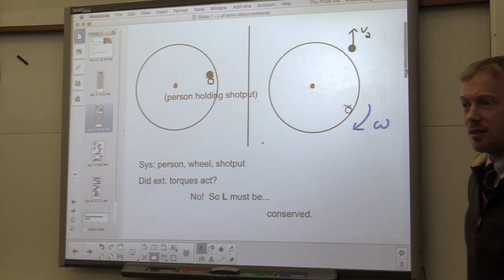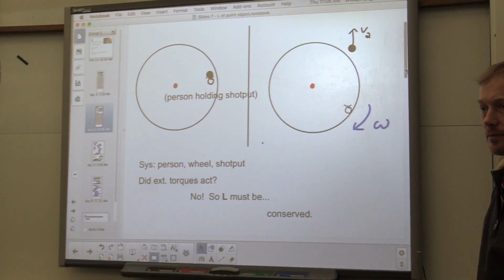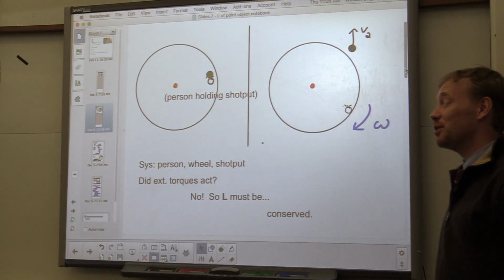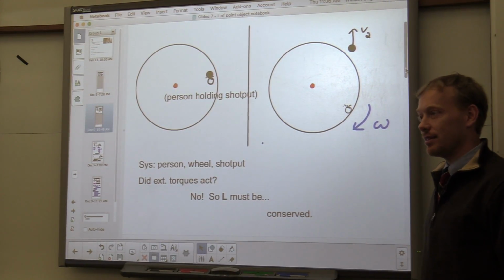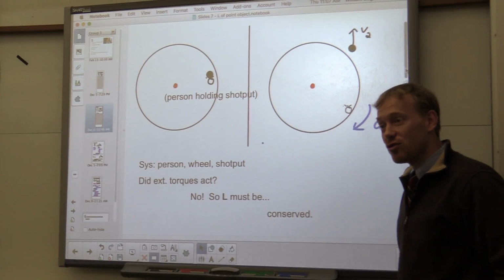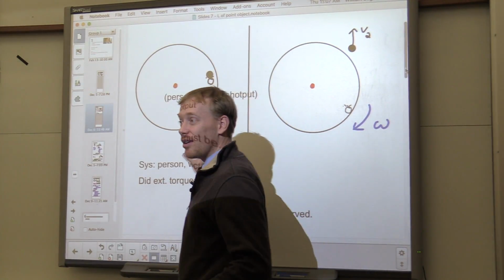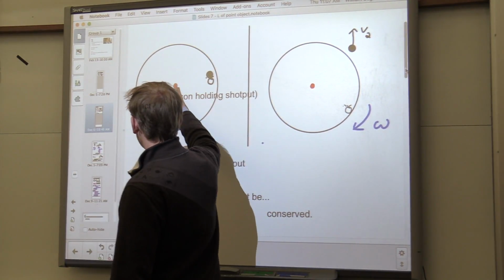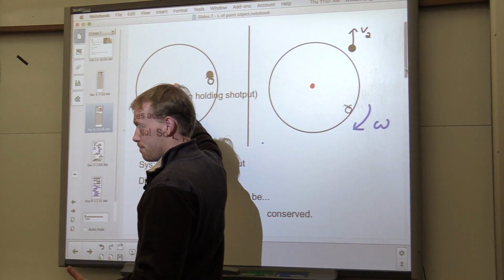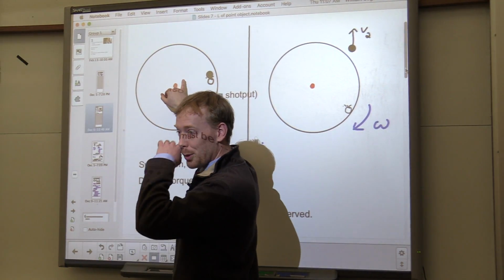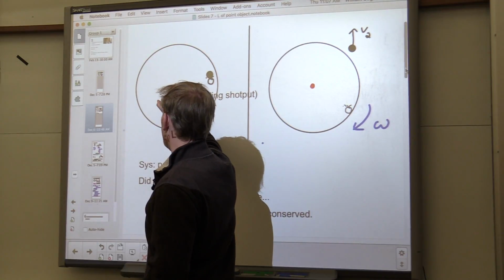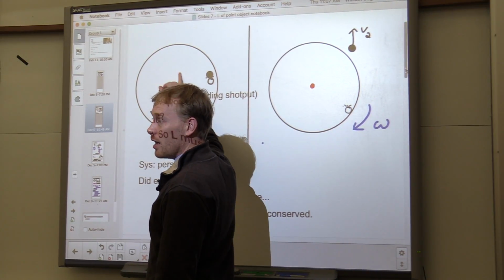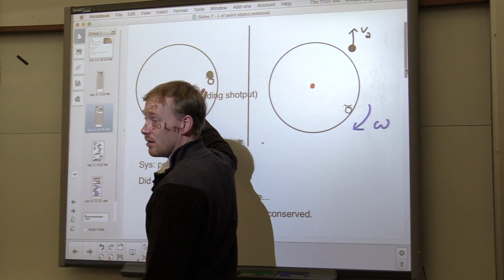Matthew? I just want to say, isn't the axis an external force? Ah. You're right. I wasn't going to tell you this until later. But it is true that during the throwing of this shot put, this bolt or this axle or whatever does exert a force on the wheel.